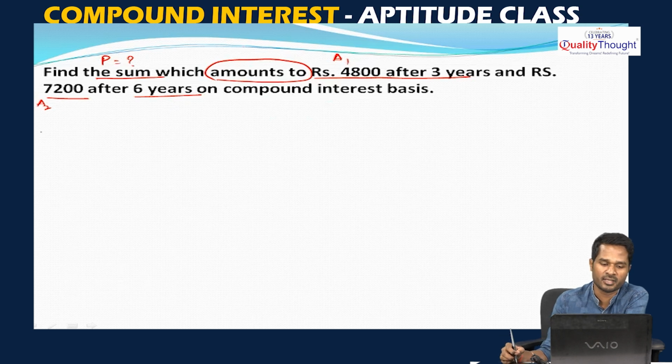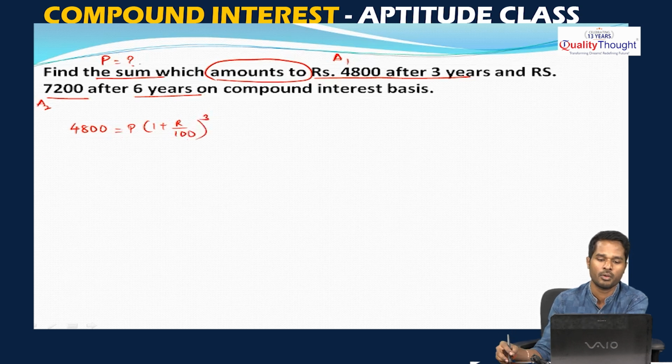So let us write the given things. 4,800 is the total amount for 3 years, so I am writing 4,800 equals P into (1 plus R by 100) whole power 3.